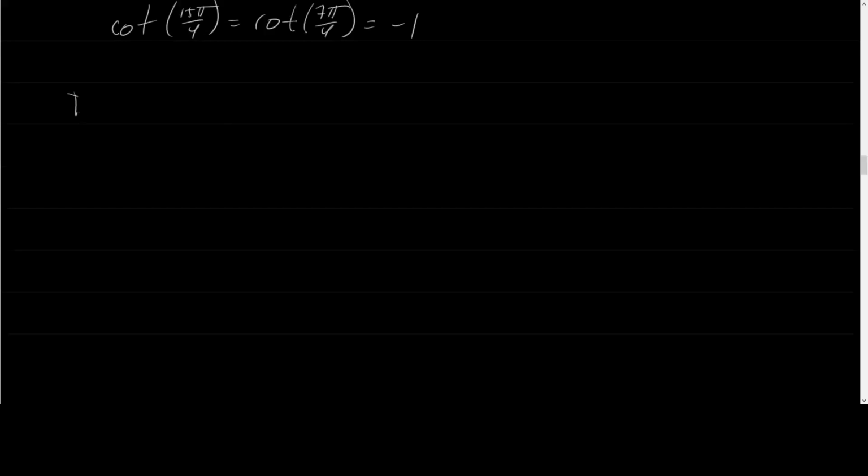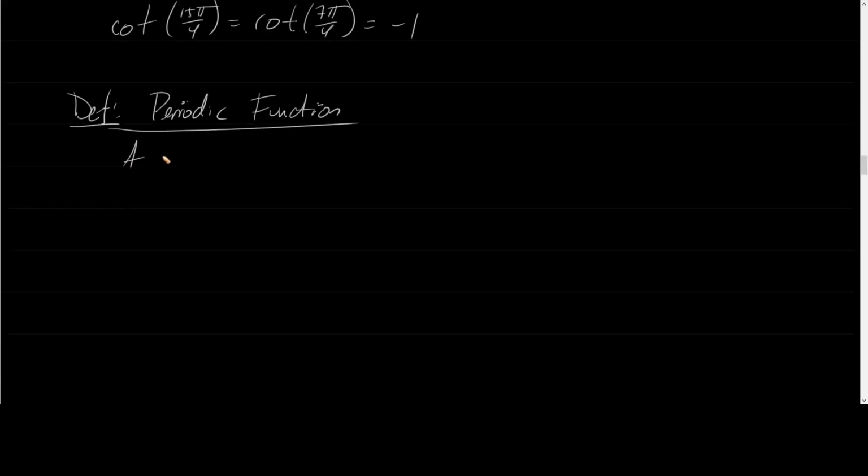We're going to talk about the definition of a periodic function. The root word for periodic is period, and with period we're talking about something that repeats over a certain period of time, or in this case a certain period of x values.